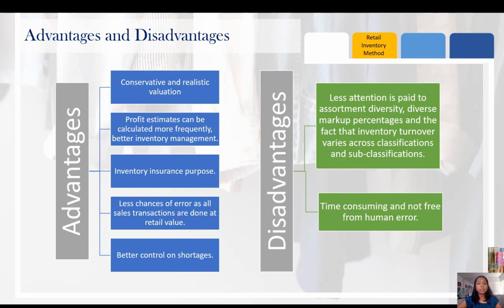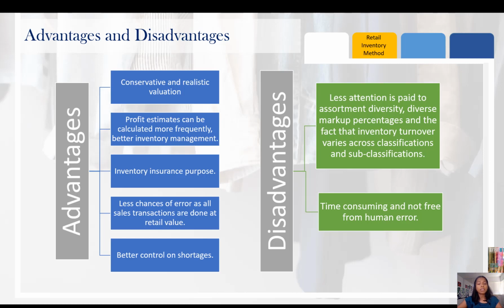Advantages of the retail method are: this method represents a conservative and realistic valuation of the merchandise that remains in stock. The profit estimates can be calculated more frequently, thus allowing for better inventory management. This method can show when inventories start to build up and markdowns may be necessary to sell them. When inventory level falls lower than expected, rush orders can be placed to balance them out.